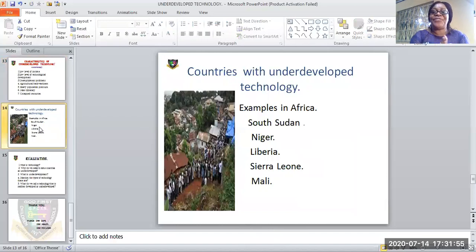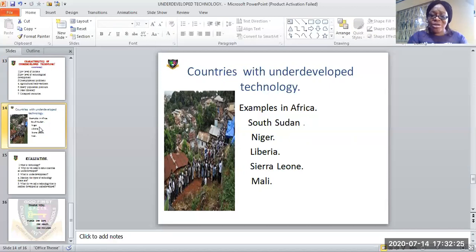Countries with underdeveloped technology. Examples in Africa, we have South Sudan, Niger, Liberia, Sierra Leone, and Mali. These are just examples of underdeveloped nations using underdeveloped technology in their nation, in their countries, in their communities.